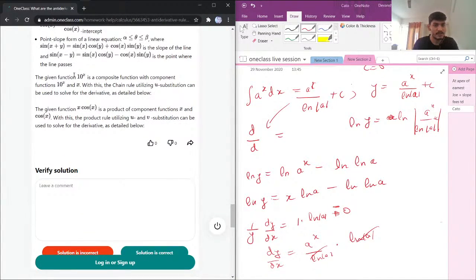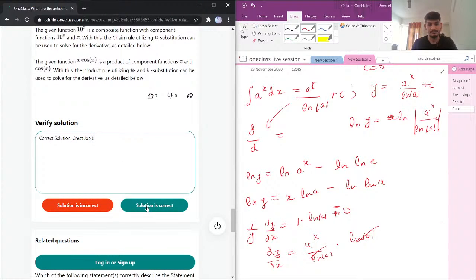The given function 10 power x is a composite function with component functions 10 power x and x, chain rule, substituting u. Okay. Correct solution. Great job. Correct solution.